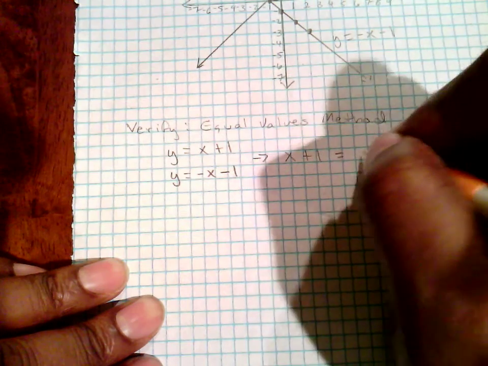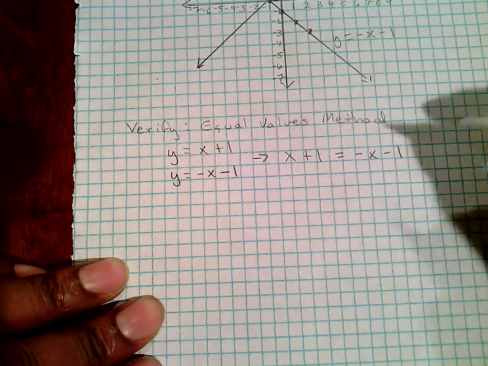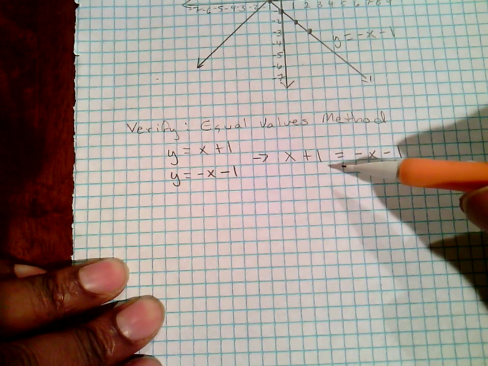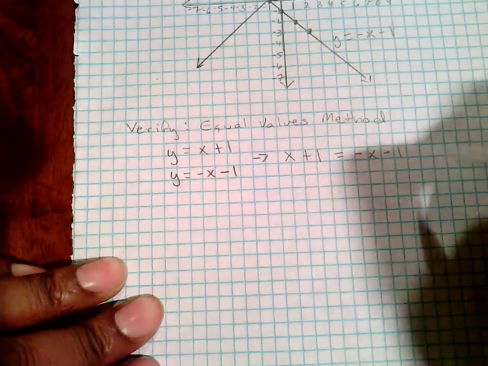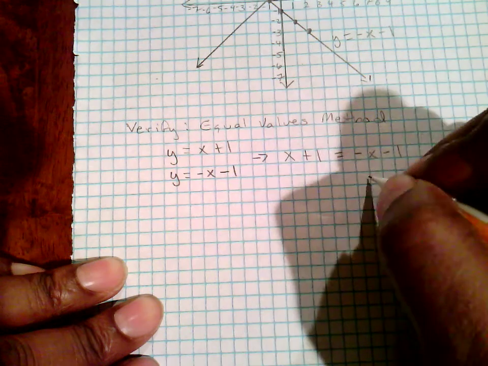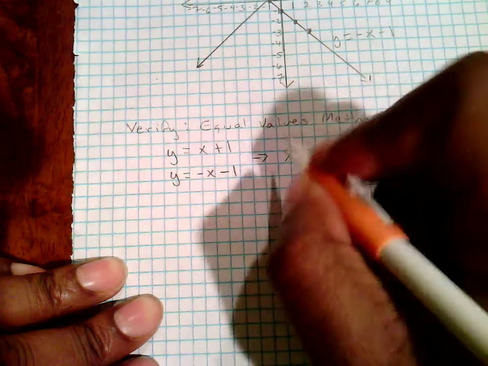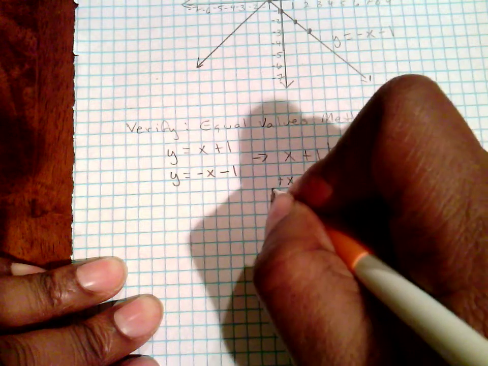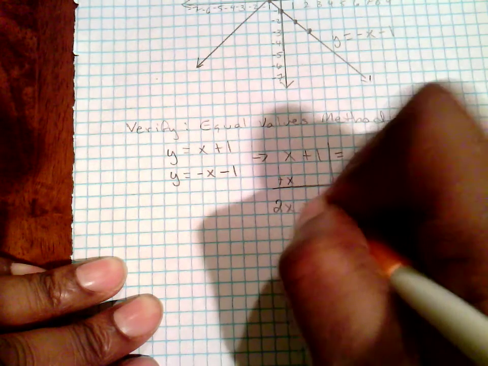x plus 1 equal to negative x minus 1. And now I can solve for x here. So I begin by, say, adding x on both sides. On the left side, it gives me 2x plus 1.